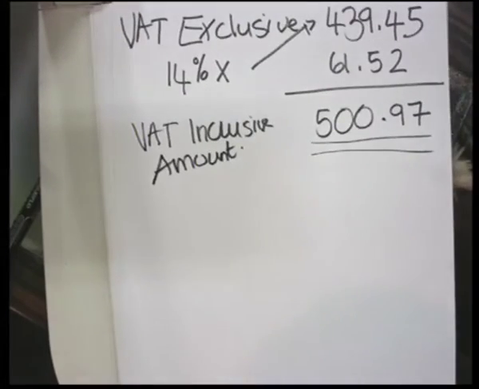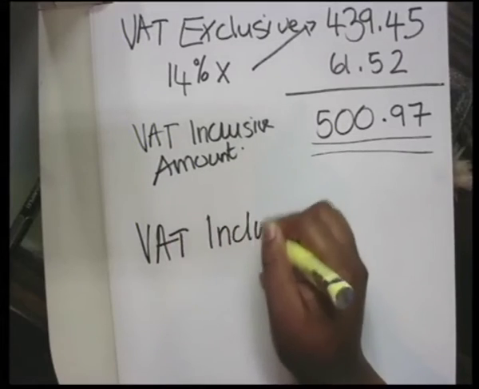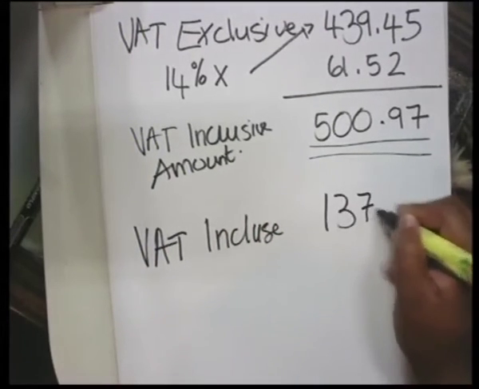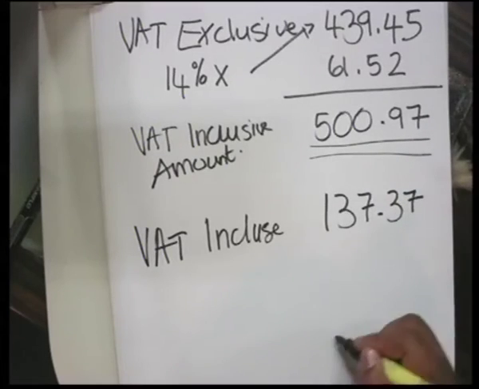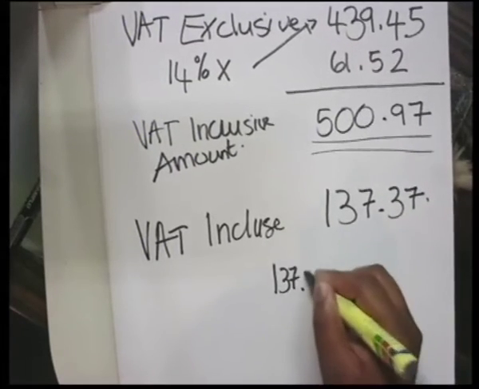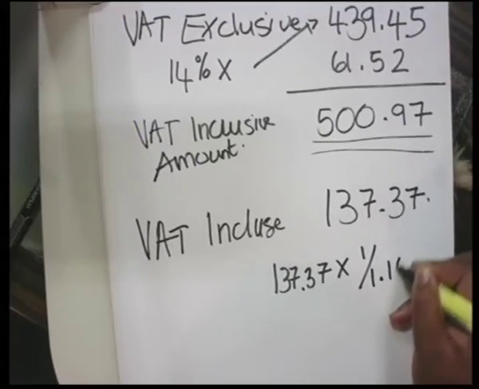If you want to calculate your VAT exclusive amount, for example in number 3, where your VAT inclusive amount was 137.37, you will say 137.37 times 1 divided by 1.14.